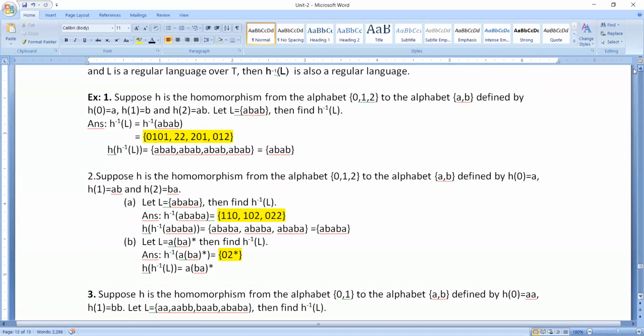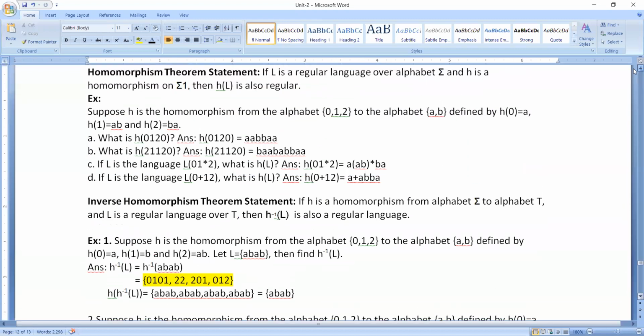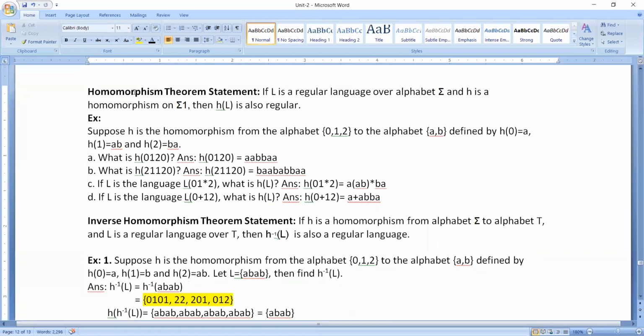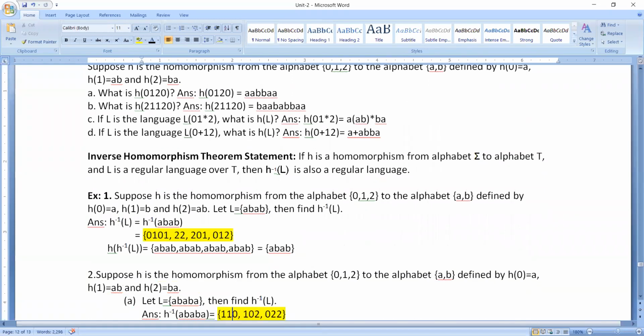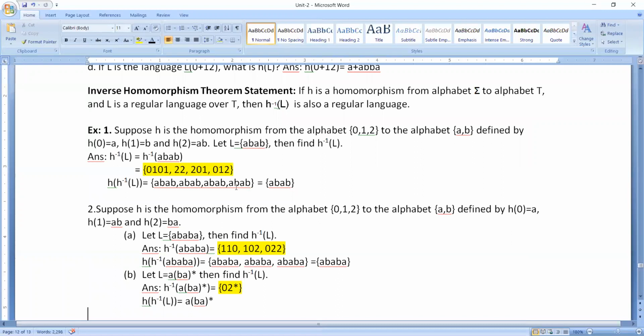Okay, I hope you people might have understood how we are applying the homomorphism as well as the inverse homomorphism. It's very simple. In the case of homomorphism, we are just doing the substitution of the symbols with the corresponding strings. Whereas in the case of inverse homomorphism, we are searching for all the possible combinations which will generate our required language.